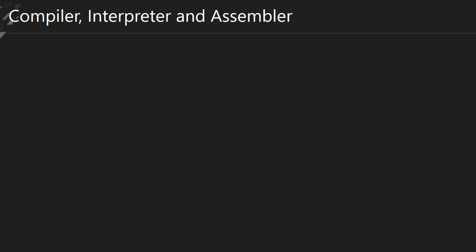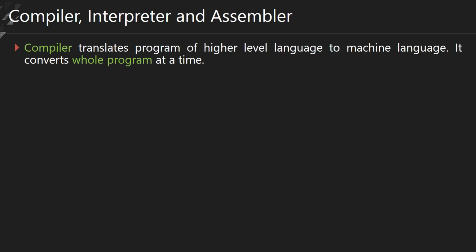Once you understand the system software and application software, how do you run this software? Will you go with the compiler, interpreter or assembler? Let us understand what a compiler is. A compiler is a translator which translates high level language to machine level language.